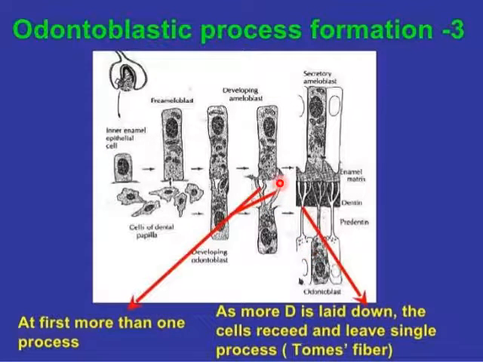This odontoblastic process is laid down inside the dentinal tubules, which are present in the mineralized or mature dentin. This represents the dental papilla cells, which at the beginning are undifferentiated, oval-shaped cells. When there's an organizing influence from the inner enamel epithelium, they become odontoblasts and begin to secrete the dentin.